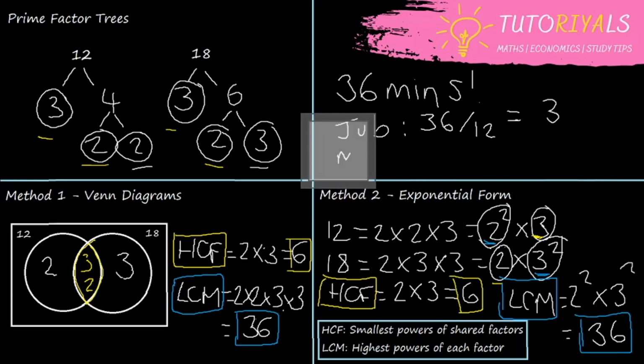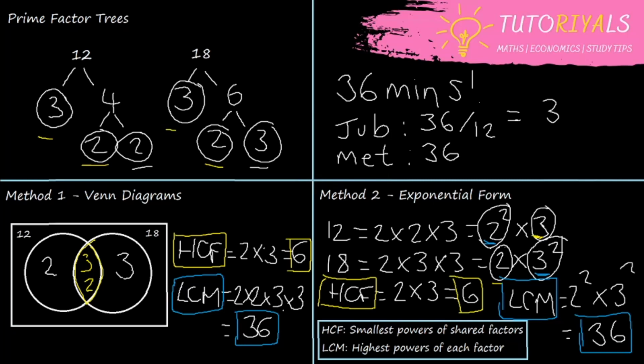Well, we know that the Met line arrives every 18 minutes. And if we're waiting a total of 36 minutes, then 36 divided by 18 is 2. So the friend that's arriving on the Met line will be on the 2nd train. Woohoo! We just cracked an exam-style question together.